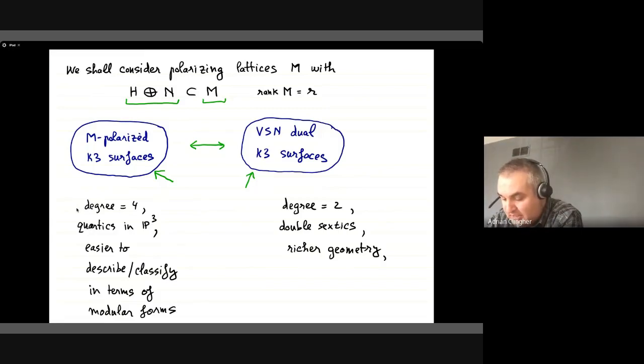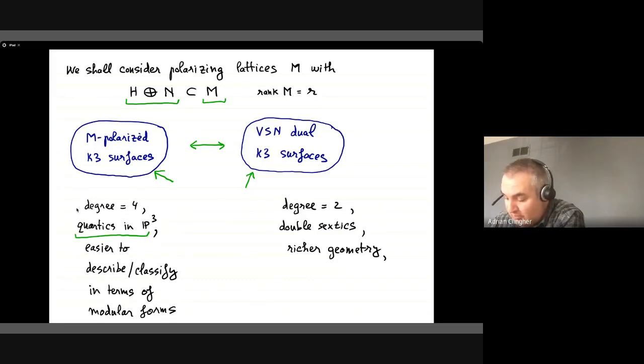The M-polarized K3 surfaces, for high Picard rank, can be described nicely in terms of quartics in P3. So they appear as K3 surfaces of degree 4. They are fairly easy to describe and classify. They have strong connections with modular forms.